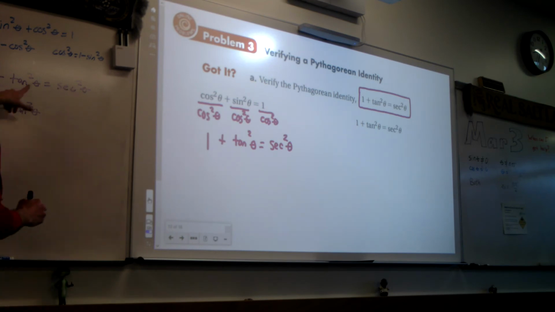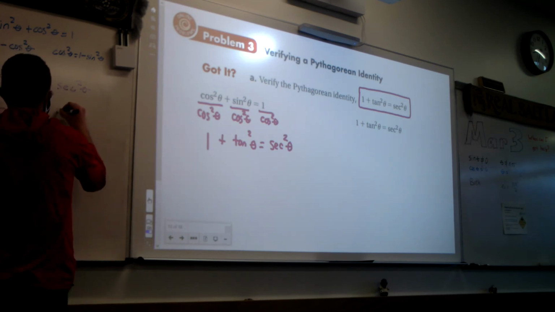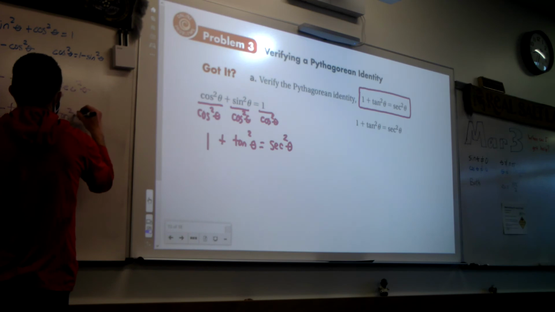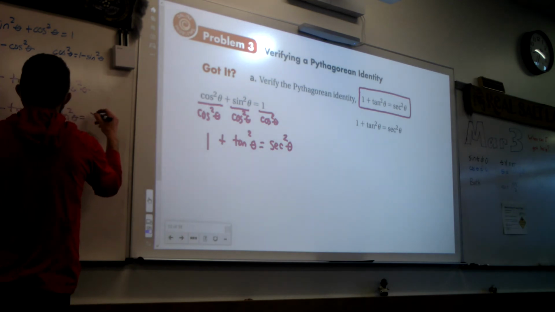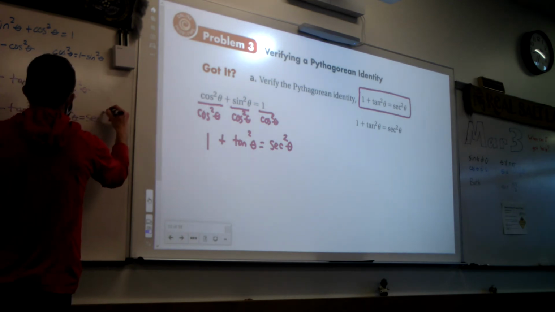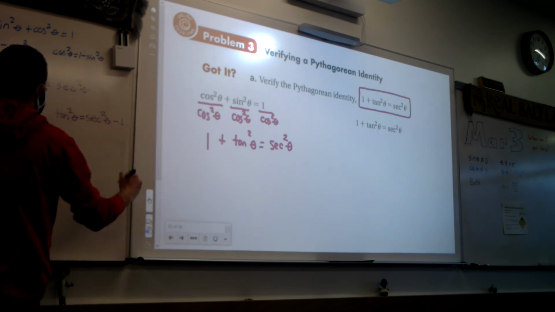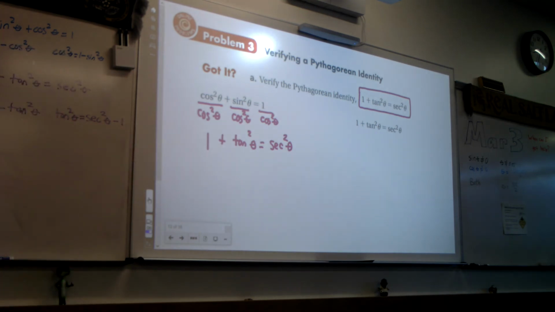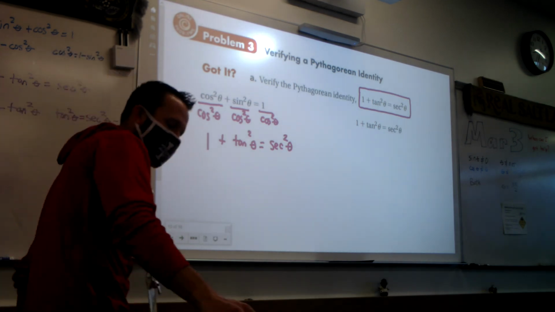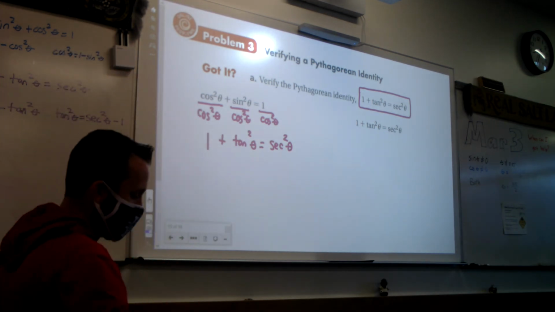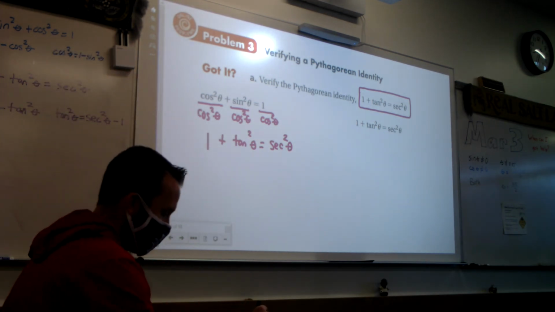Also, if I just subtract that 1 over, I get tangent squared is equal to secant squared of theta minus 1. Basically what's going on here is I'm giving you some tools to help you solve these. These are a little more complicated. We won't see them a whole lot, but I want you to have them just in case.